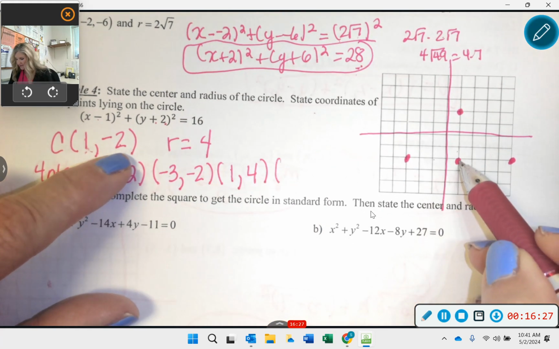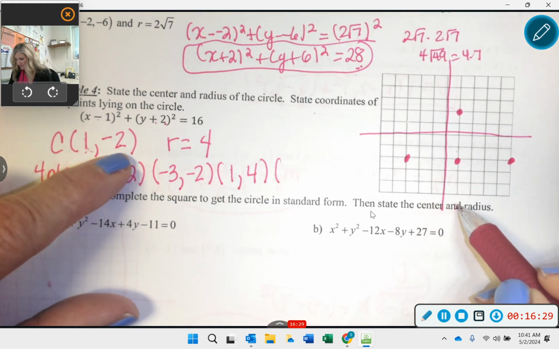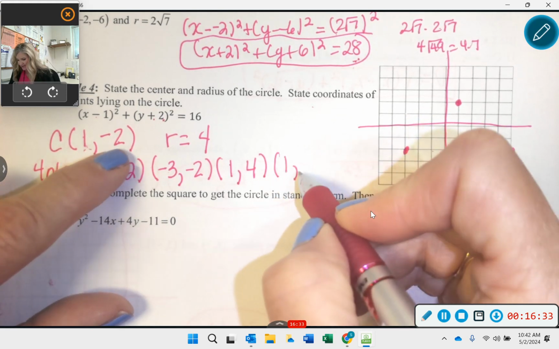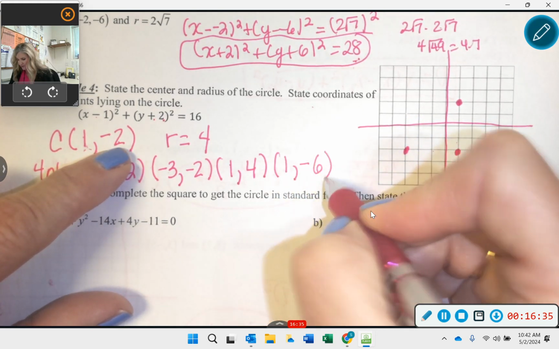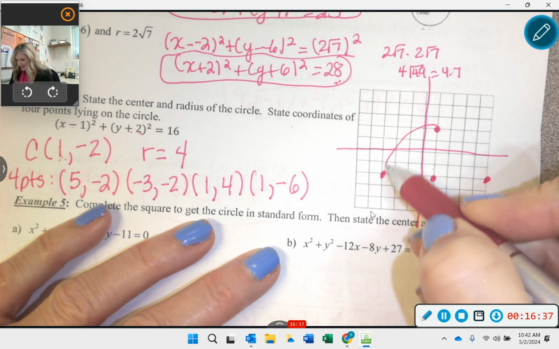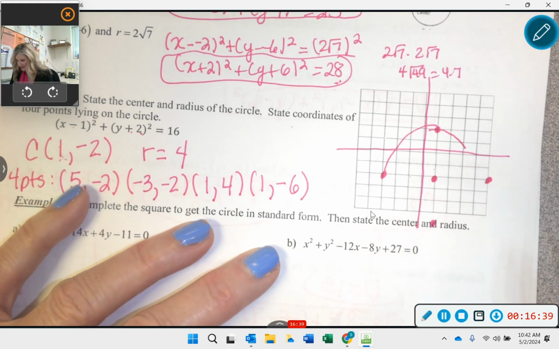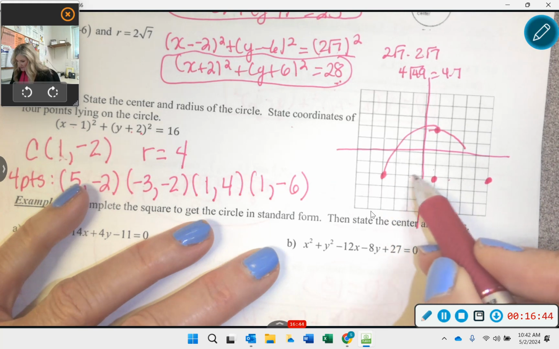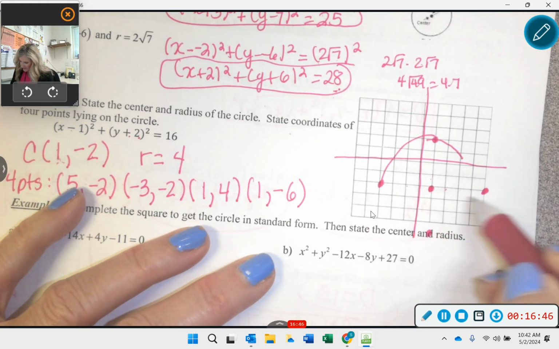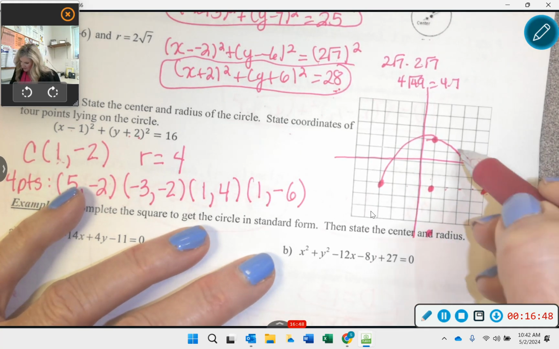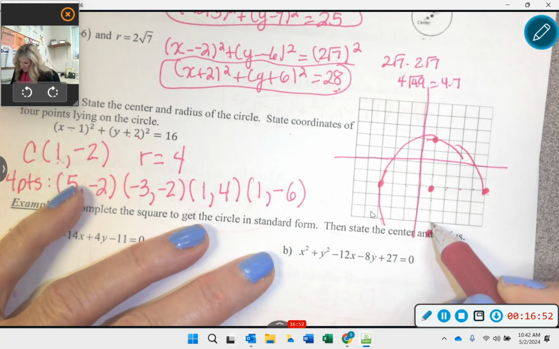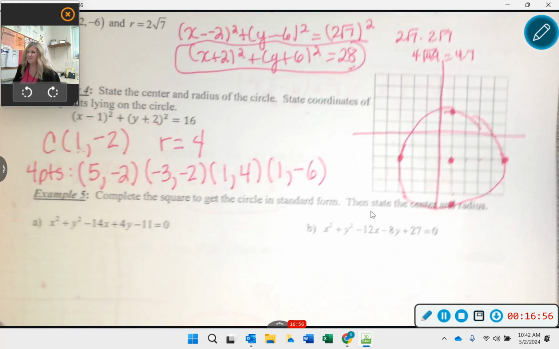And lastly, going down 4. 1, 2, 3, 4. My x does not change, but I have to subtract 4 from the y. I'm hoping you can get to where you don't have to draw the picture to come up with this. My circle doesn't look great, but it's good enough.